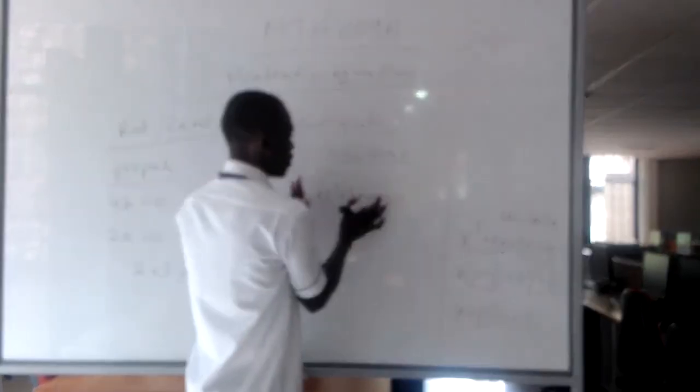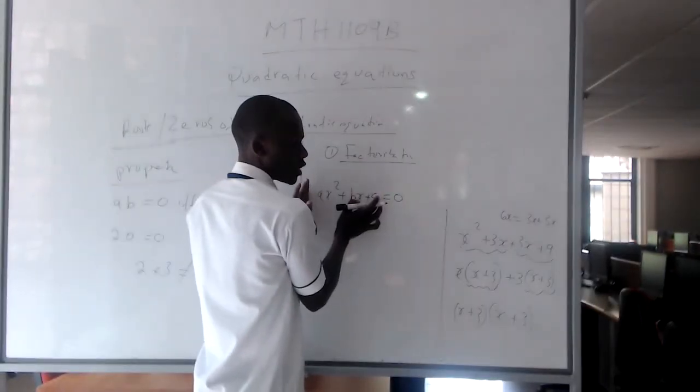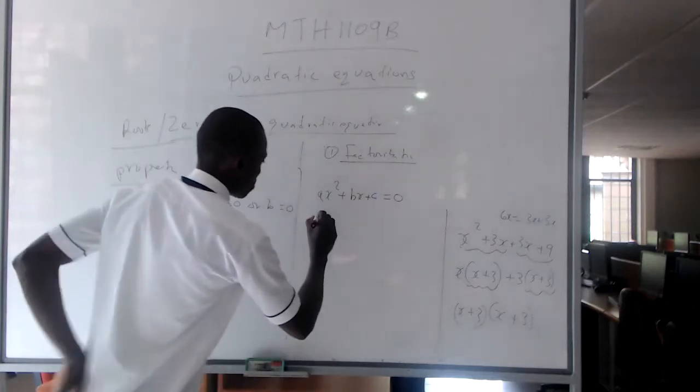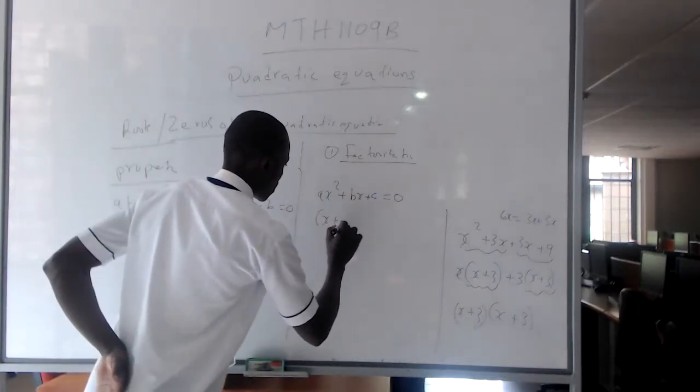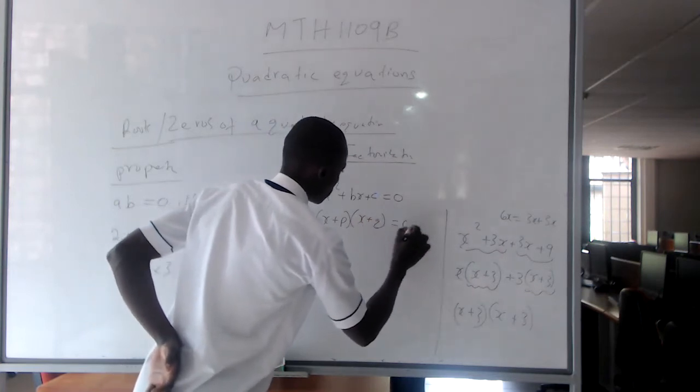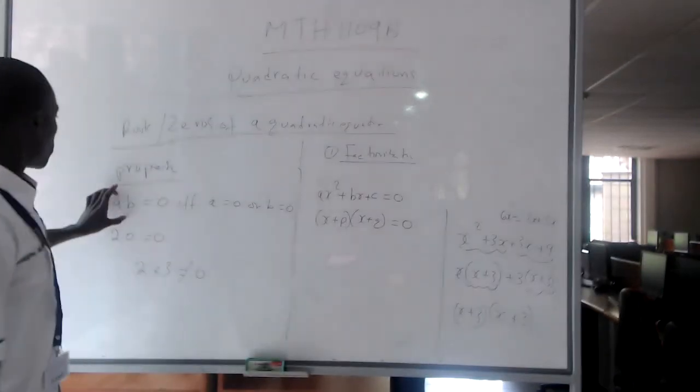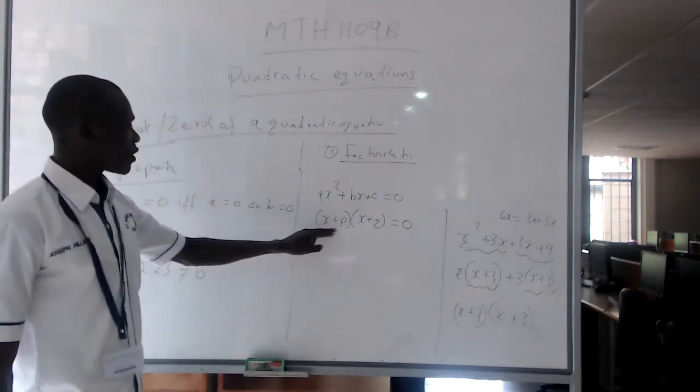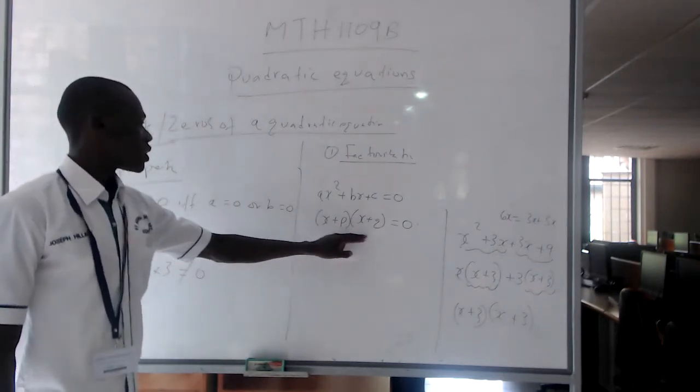Remember, we know how to factorize this expression. So suppose it can be factored as (x plus p) times (x plus q) is equal to 0. This is the property we are using. Let A be the first bracket and B be the second bracket.